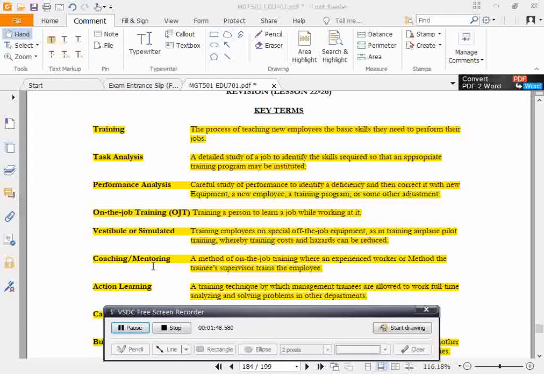Coaching or mentoring: a method of on-the-job training where an experienced worker or the trainee's supervisor trains the employee.